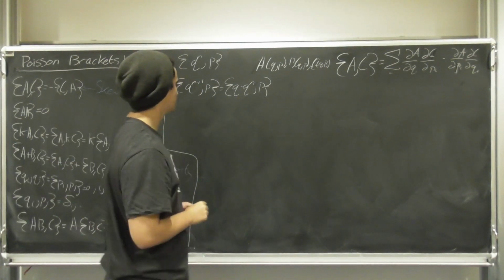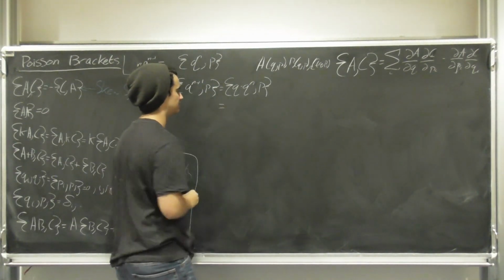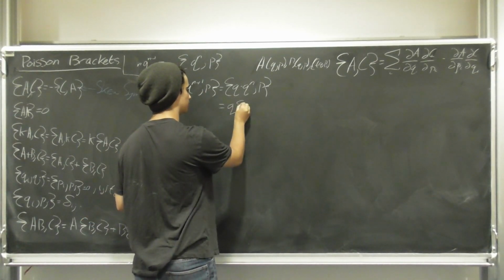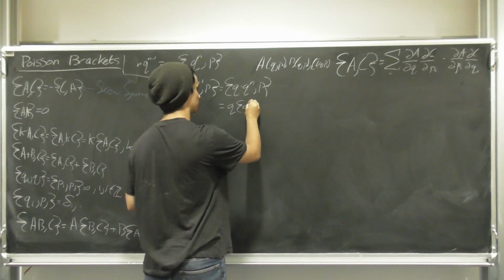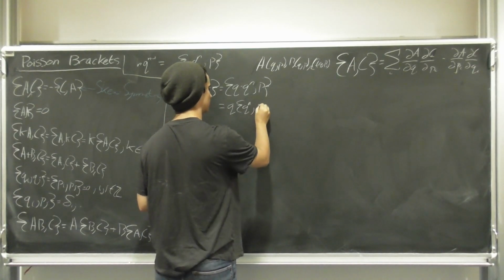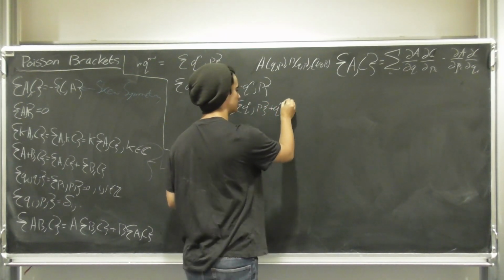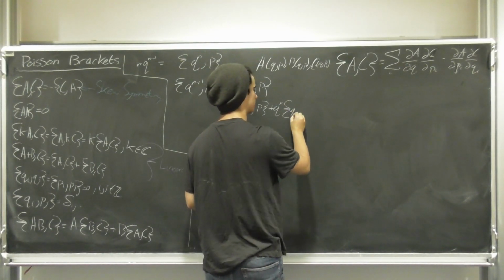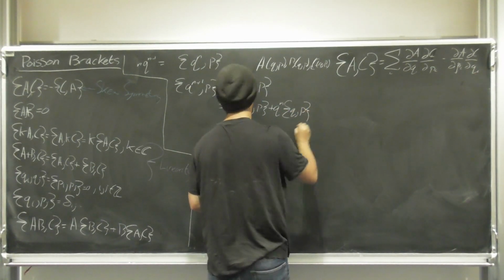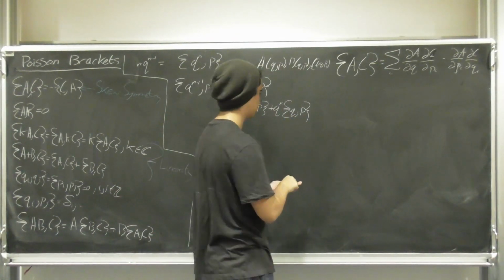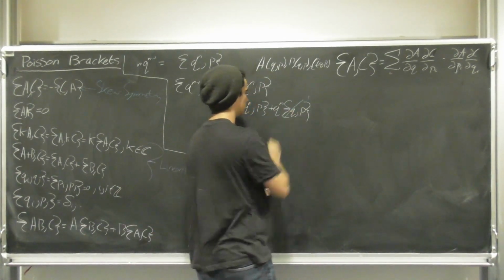So it's like the product rule. Using this, we can say that this is q times the Poisson bracket of q to the n with p, plus q to the n times the Poisson bracket of q with p. But we know from our use of the Kronecker delta that this will go to 1.